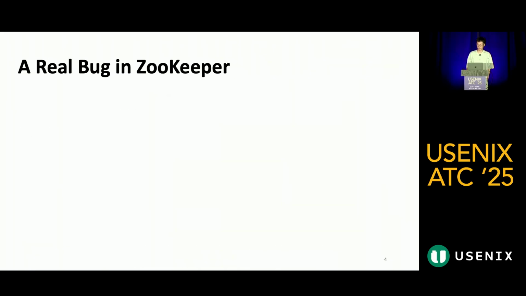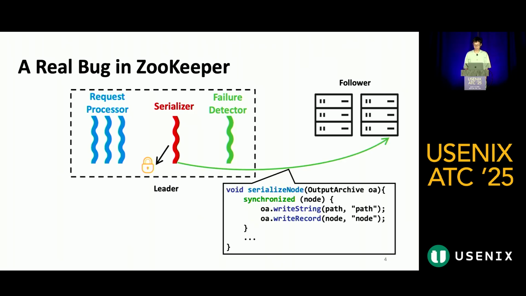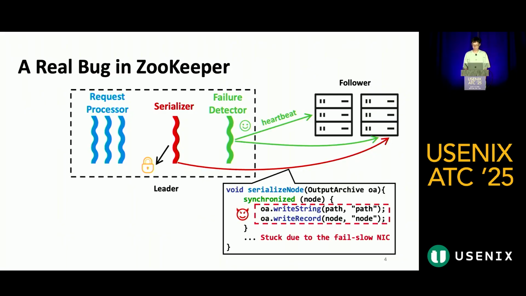Let's see a real bug in ZooKeeper, which is caused by a fail-slow NIC. We can see that the serialize thread acquired the lock and synchronized the data to the follower, but is stuck due to the fail-slow NIC. However, the failure detector thread cannot find this problem. It sends heartbeats and gets no error. At this time, the client sends a write-type request such as create or set to the leader.